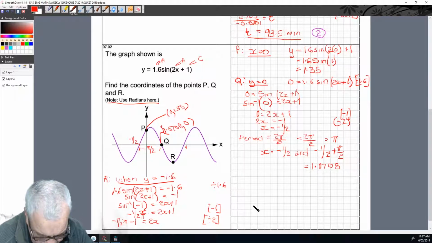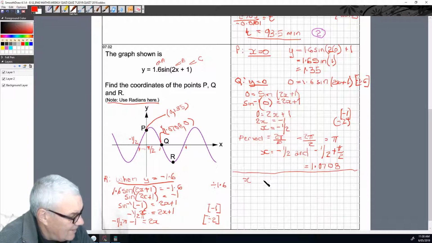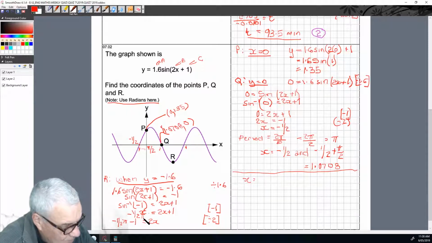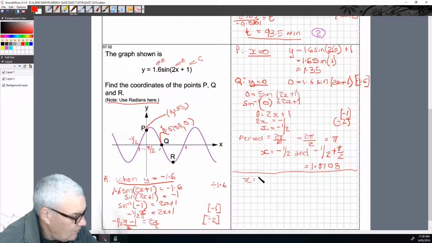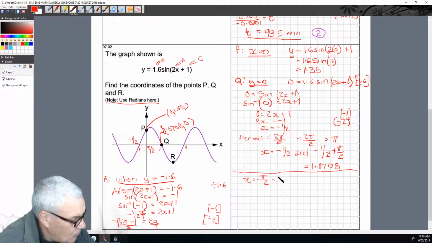Divide through by 2, and we get x equals, so we'll put the 2 over here, negative pi by 2 minus 1 all over 2.